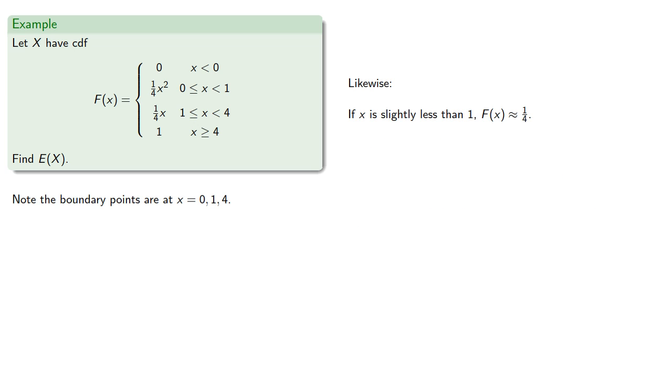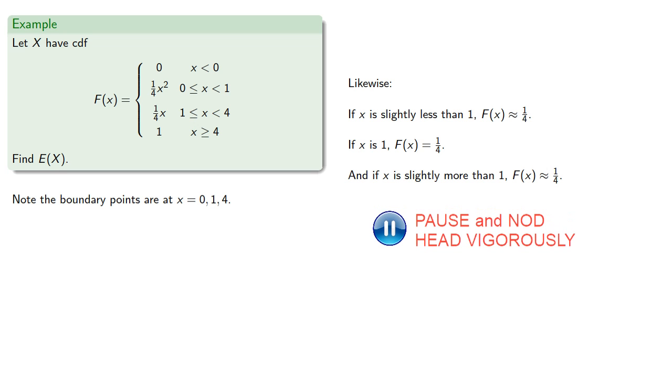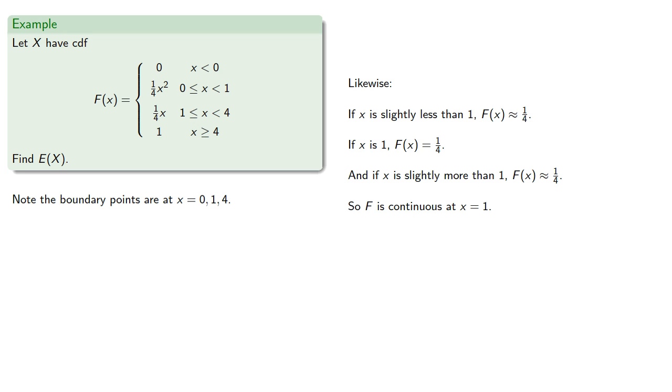Likewise, if x is slightly less than 1, f of x is about a quarter. If x is 1, f of x is actually a quarter. And if x is slightly more, f of x is approximately a quarter. And again, all three values agree up to approximate equality, so f is continuous at x equals 1, and similarly around x equals 4.